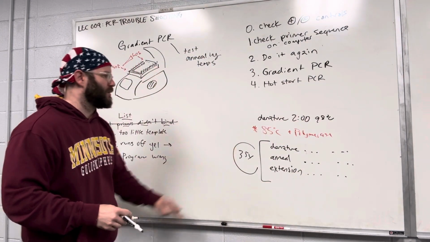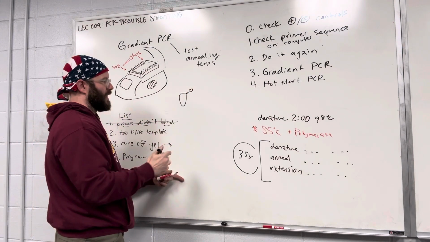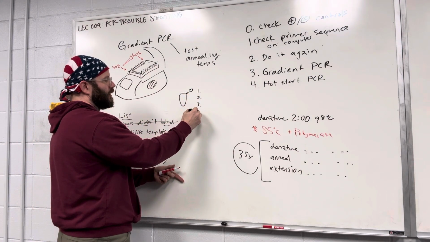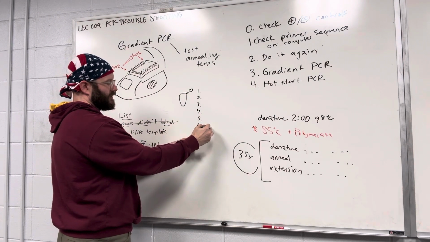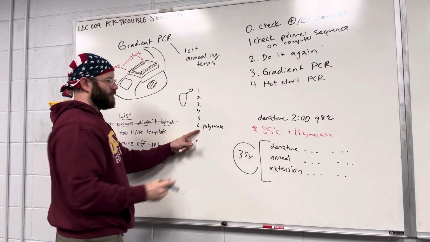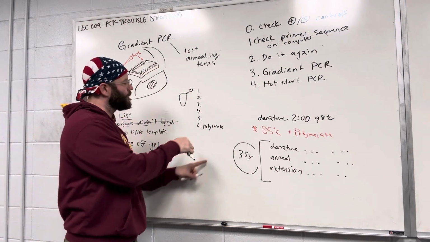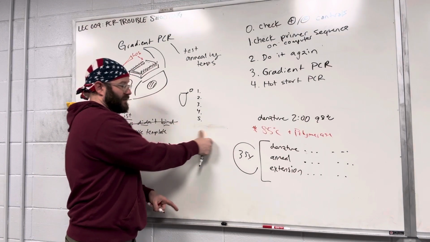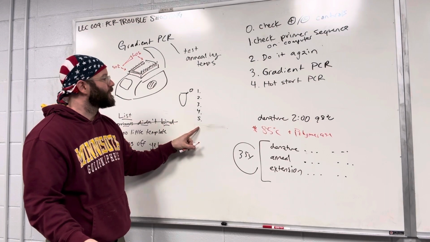So when you mix up your tube of reagents, 1, 2, 3, 4, 5, 6, one of those reagents is a polymerase, the Taq polymerase or Fusion or Q5. In a hot start PCR, you don't add the polymerase when you're mixing up the tube, okay? You leave the polymerase out.